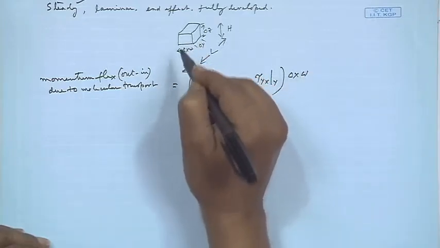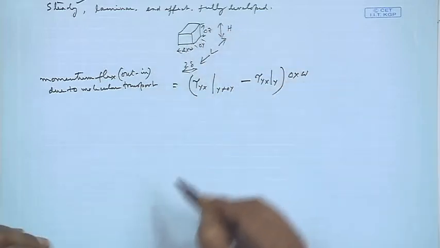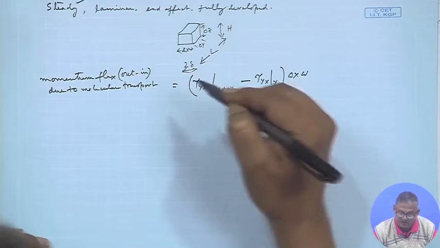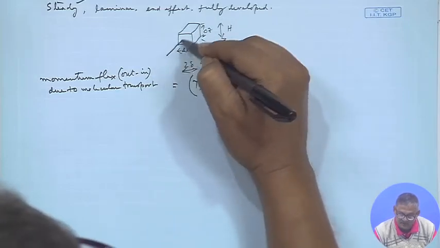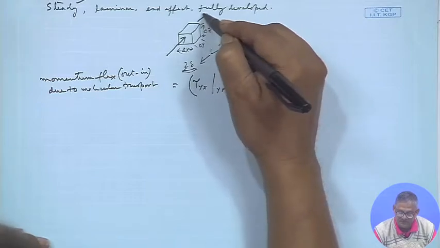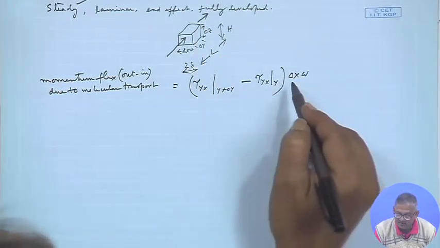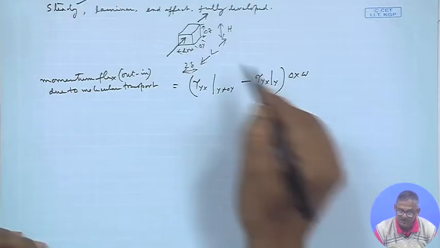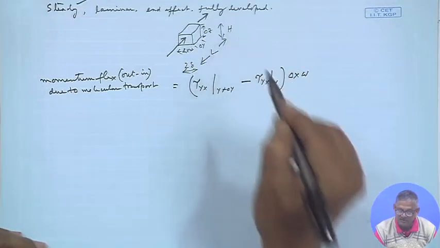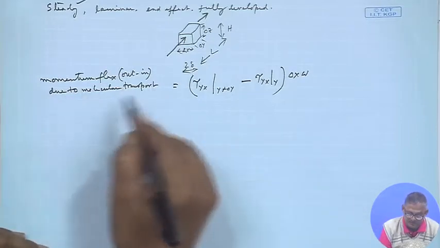So this is the area delta x into w, and the flow is occurring through this. This is the area delta x into width, that is w or h, ultimately it will come. This is the momentum flux.